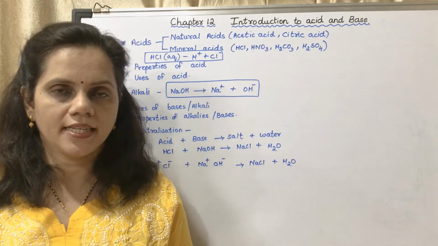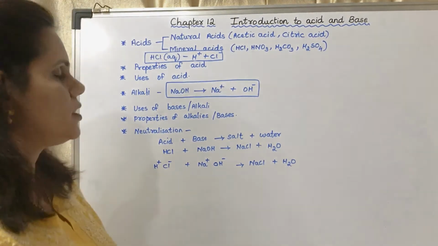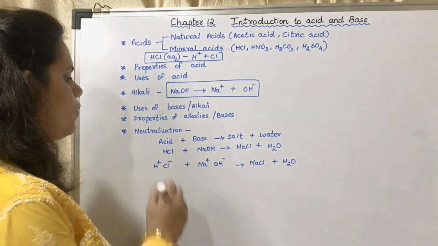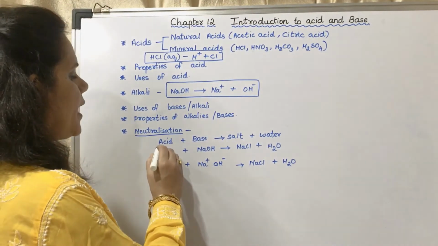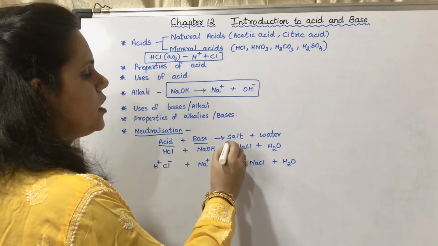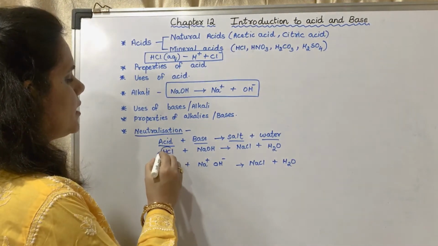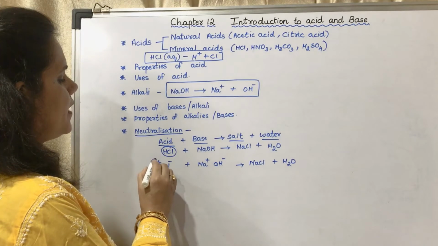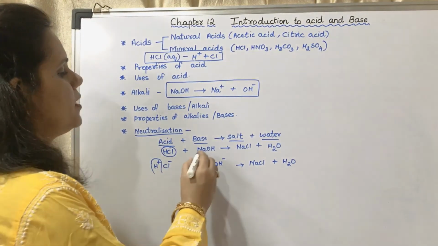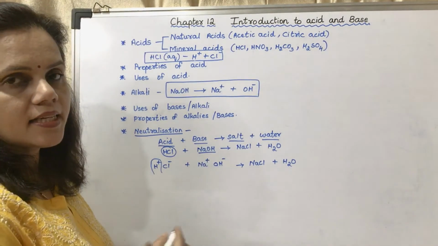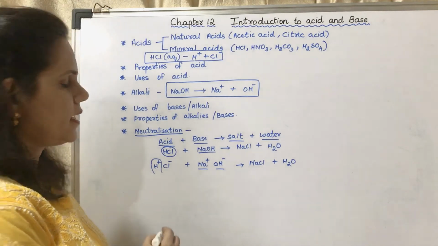Next is neutralization. Now what do you mean by neutralization? Neutralization is a type of reaction where an acid reacts with a base to form salt and water. Now this is an acid. It can be divided into H plus ions and Cl minus ions. This is a base. It gets dissociated into Na plus ions and OH minus ions.